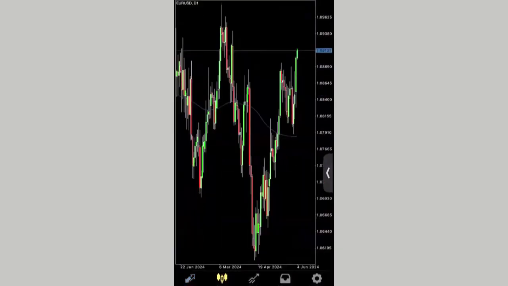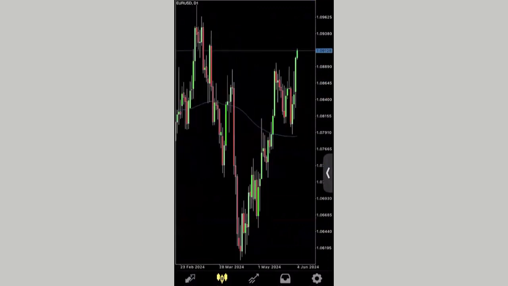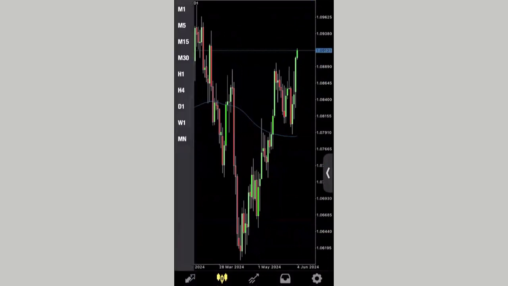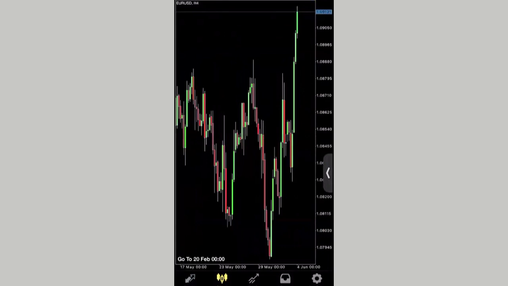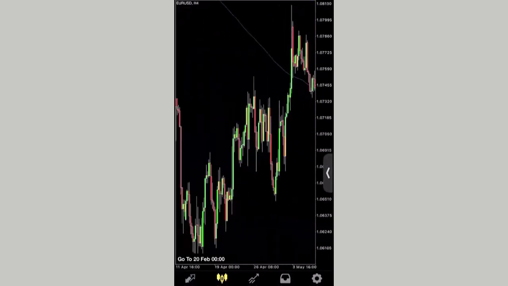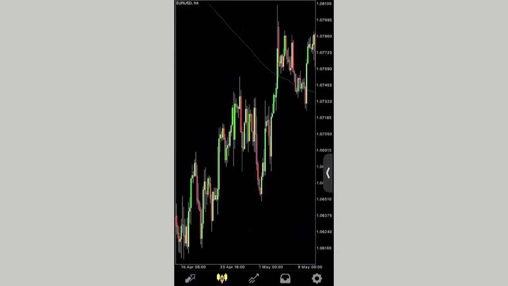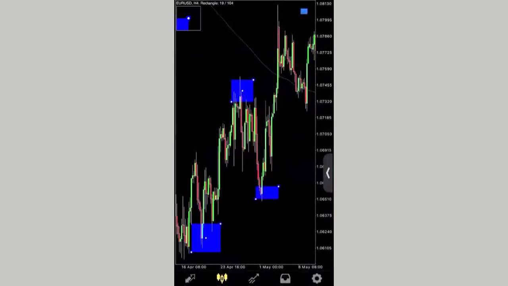But with a different pair, like maybe EUR/USD, if you look at the daily time frame, you cannot really pinpoint where your higher highs, your higher lows, and your structure are. But if I went down to the H4 and zoomed out, I'd be able to see where the market went. You have structure down here, a low, then a high created over here, and then it came and created another low.